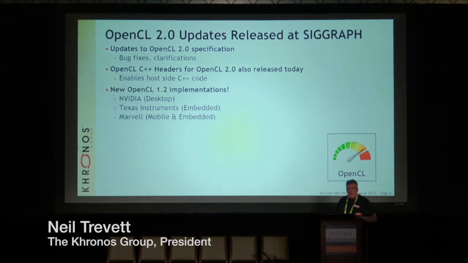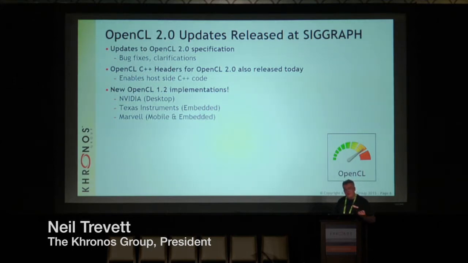But something we did actually announce and release here at SIGGRAPH, whilst we're working on the new generation 2.1, of course, we're maintaining 2.0. So we have released updates to the OpenCL 2.0 specification. It's not new functionality, but it's bug fixes and clarifications, and they're flowing from the feedback and the questions that we're getting from the developer community.